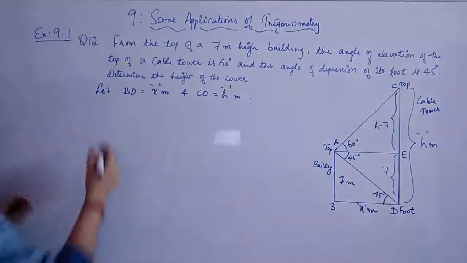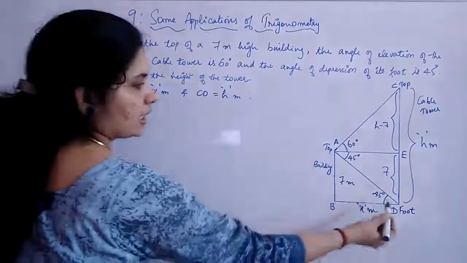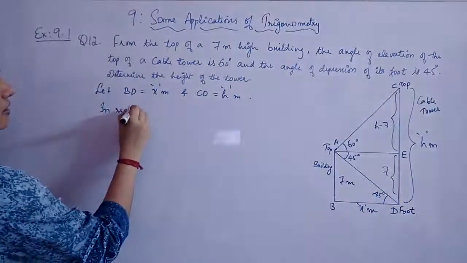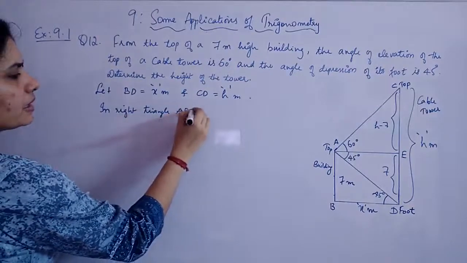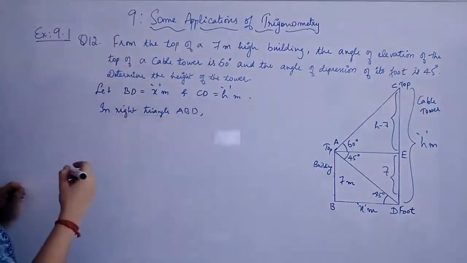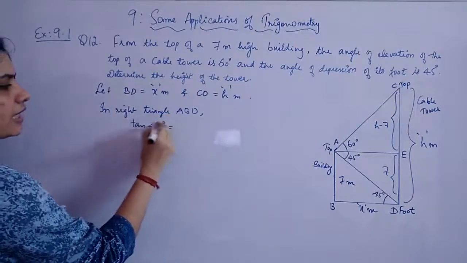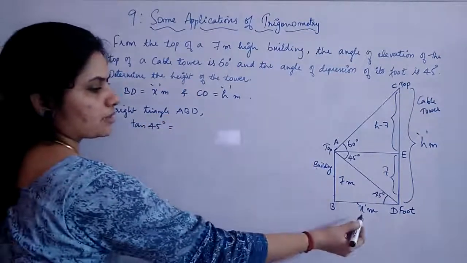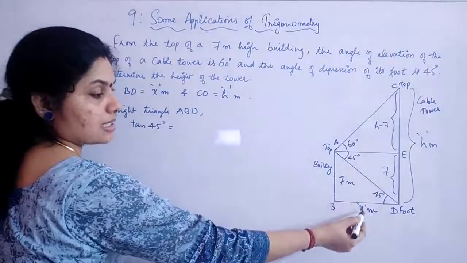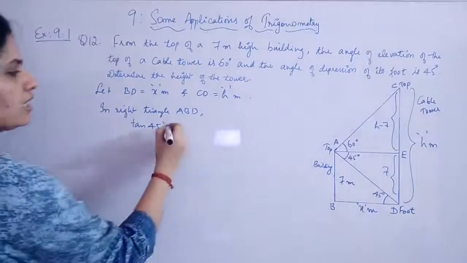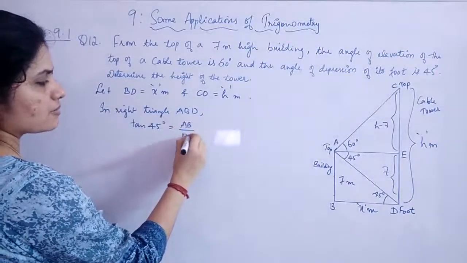Let's start with triangle ABD. In right triangle ABD, what will you get? Tan 45 degrees. Why are we considering tan? Because it is opposite side by adjacent side, and we have to get this length x. The opposite side is AB and the adjacent side is BD.